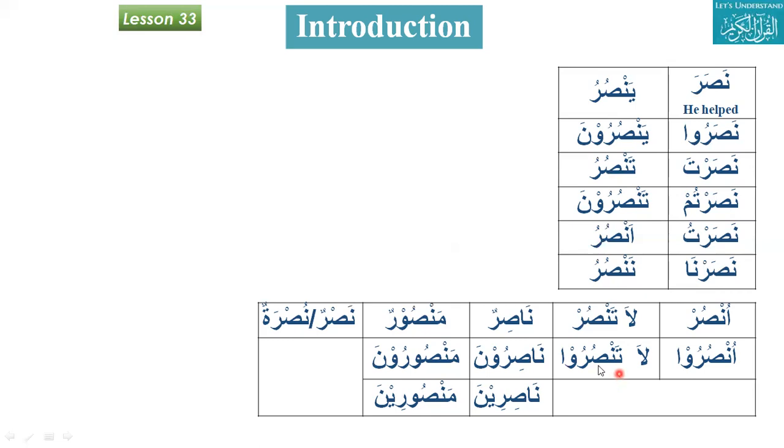That is a verb. That is a noun. Noun. Noun. So this is noun, noun, noun. This is verb: fi'l madi, fi'l mudari', fi'l amr, and fi'l nahy. So these, and then we have the ism.